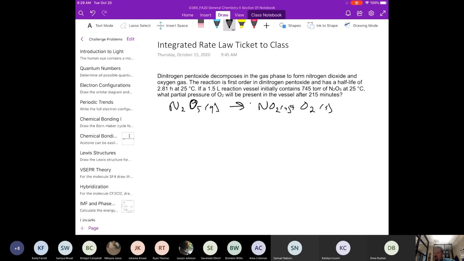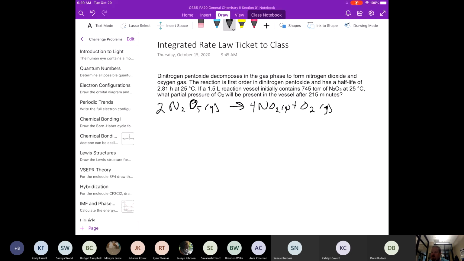Right, so in order to balance this, to get an even number of oxygens, we're going to put a 2 on this side. So that means we need a 4 there. And in front of the oxygen, that's 8. That's right. So we have a balanced chemical reaction.